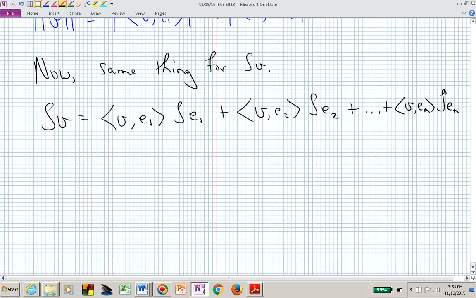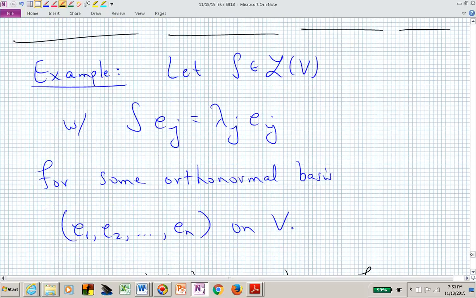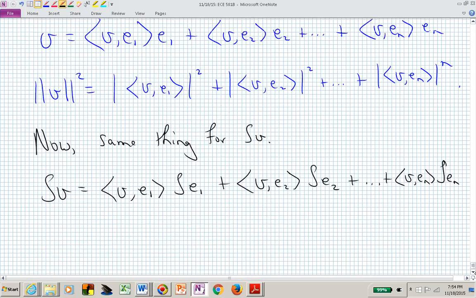But remember how we defined lambdas. We said that we have this orthonormal basis E sub 1 through E sub n forming the eigenvectors of S, and the associated eigenvalues were lambda sub j.